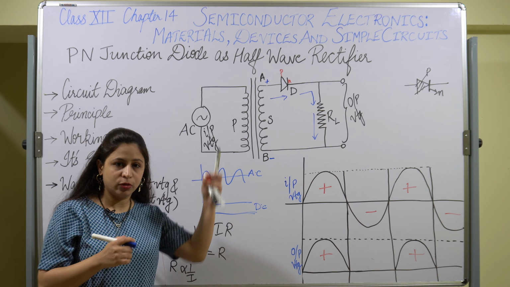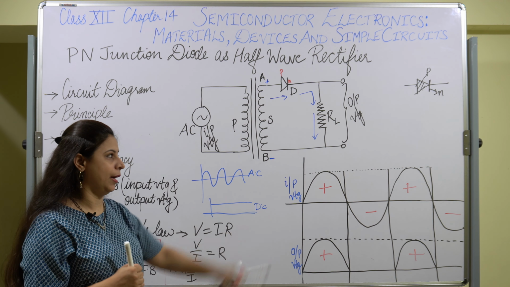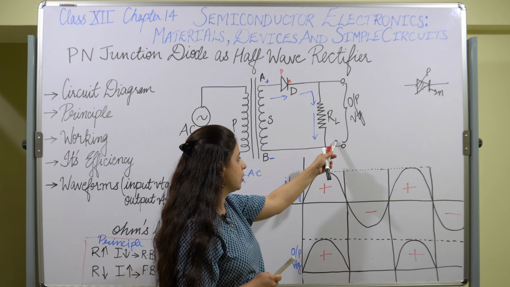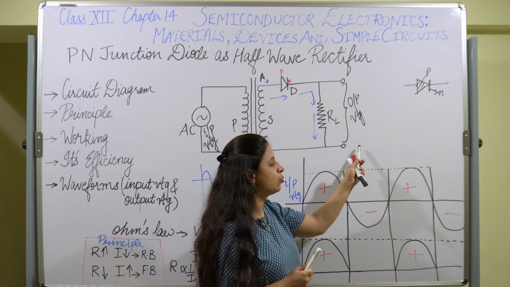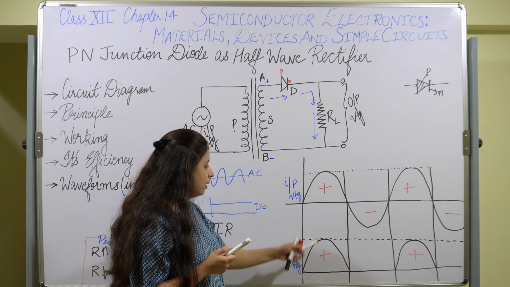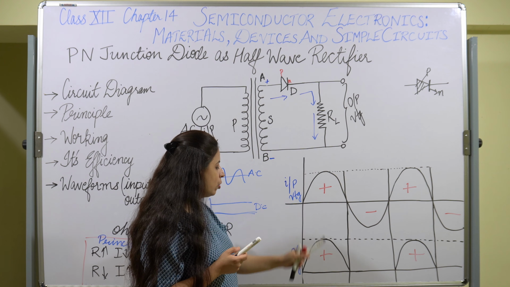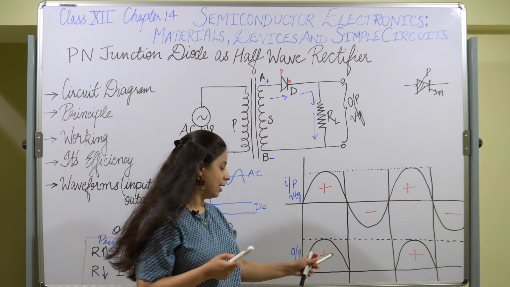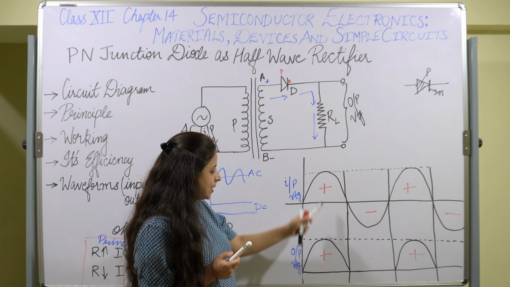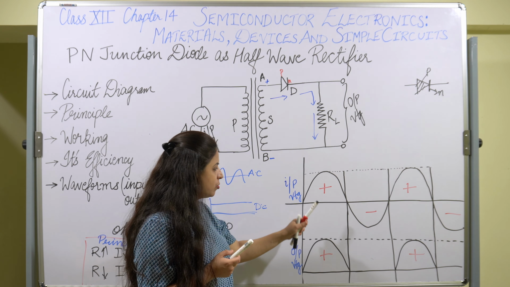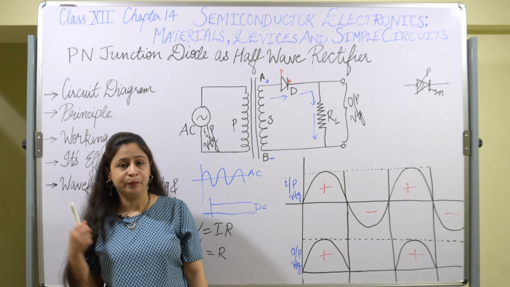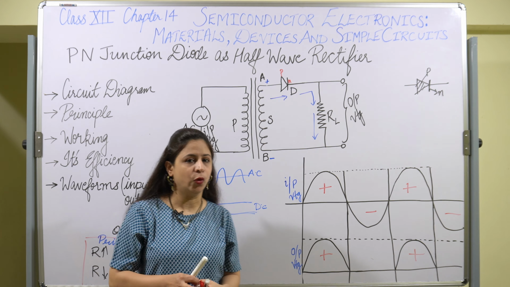And ultimately it will flow through the resistor RL, and as it flows through the resistor, I will easily get my output voltage, which is similar to the pattern of the input voltage, and this is shown over here. It will be the same as the input voltage because my load is a resistive load.